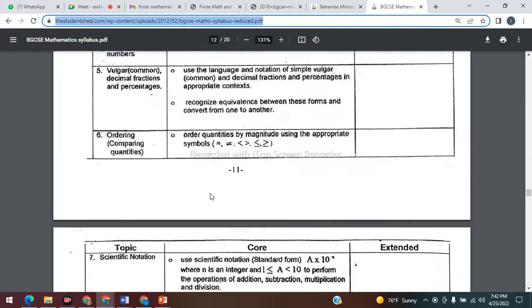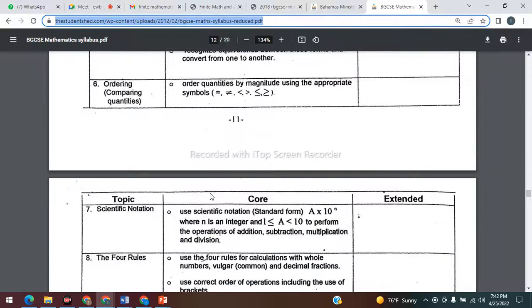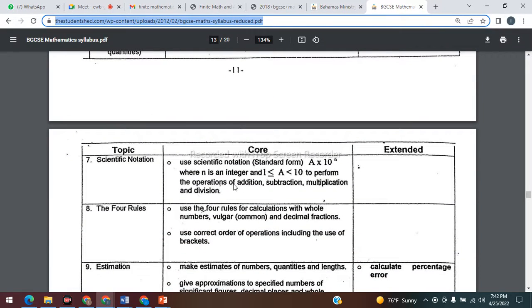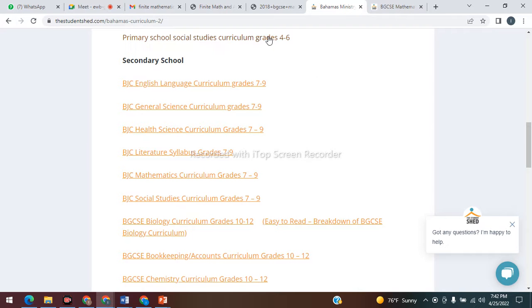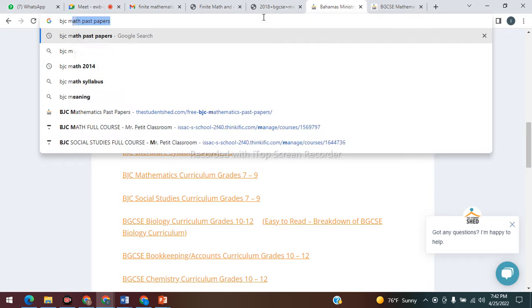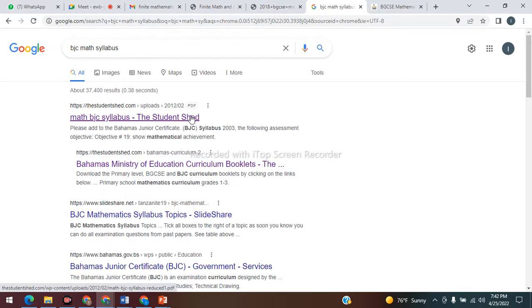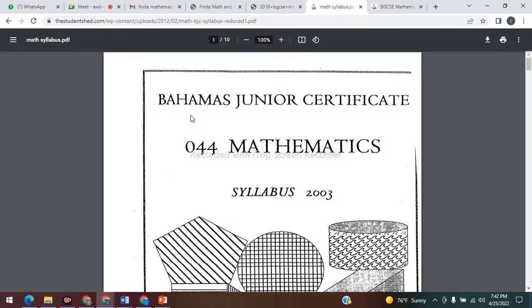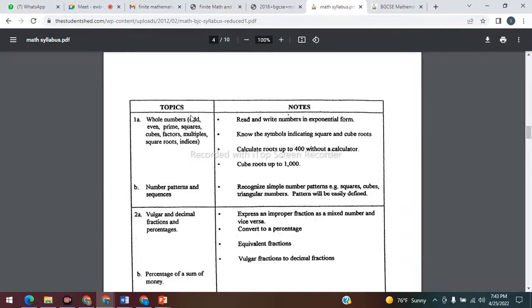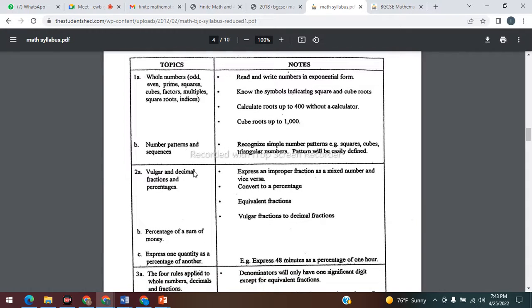The only thing in the BGCSE they don't have is scientific notation. Let me put the BGCSE one too. Like I said, it's the same thing. They start off with whole numbers, primes, cubes, factors, square roots. Then patterns, then fractions, stuff like that. Let me put this inside the chat too.